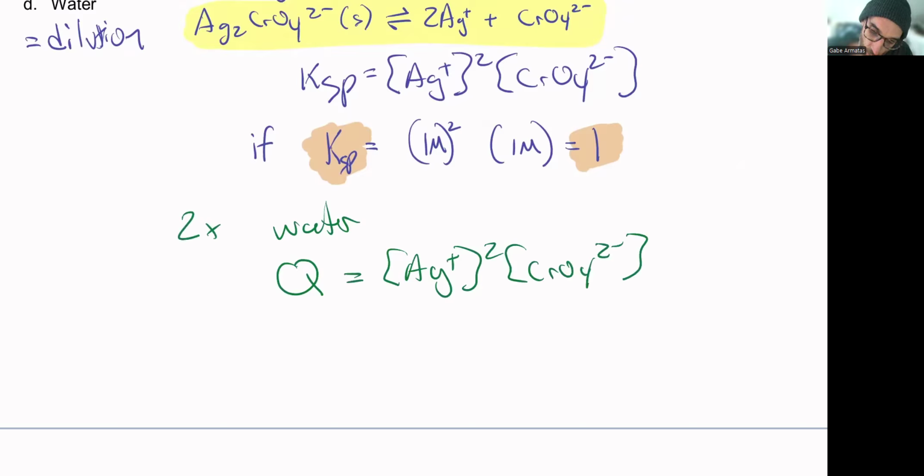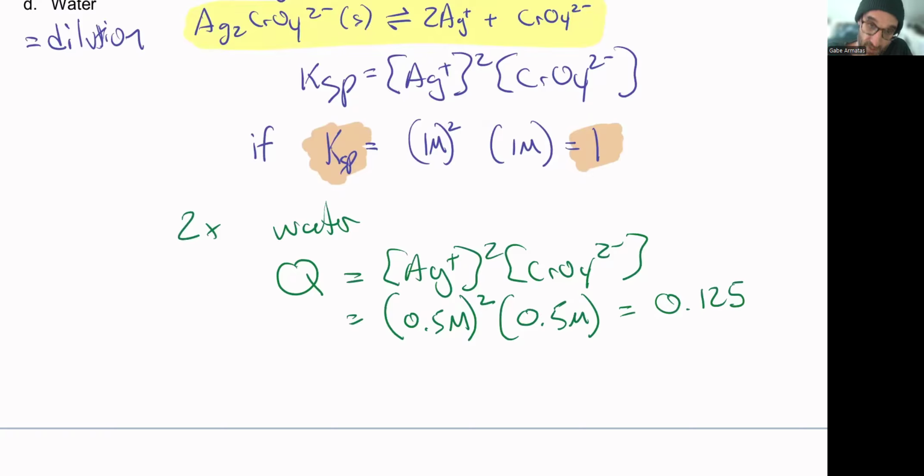If I double the water, my new concentration is 0.5 molar for both of them, half their original concentration. If I solve for Q here, I see it as 0.125 versus 1. So what happened? Q is less than K, because Q is 0.125 and K we set to 1.